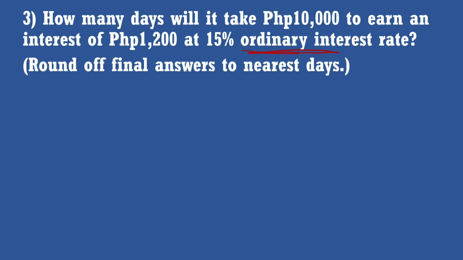Okay, so principal given is 10,000 pesos. And then interest. Now, since that's an ordinary interest problem, let us put I sub O as ordinary interest: 1,200 pesos. And the rate of interest is 15%, which in decimal is 0.15.